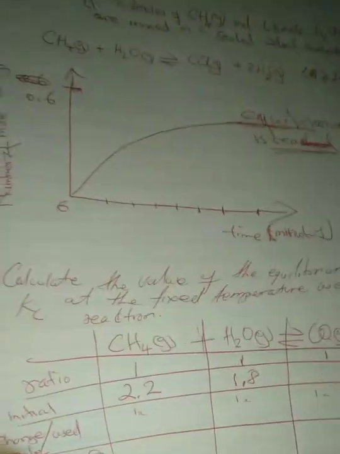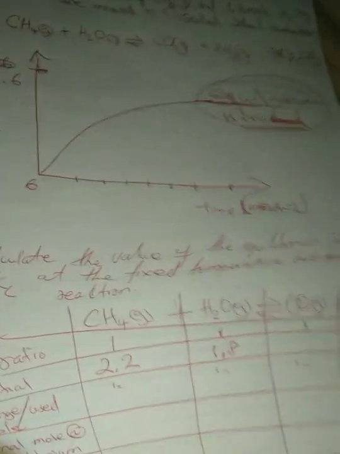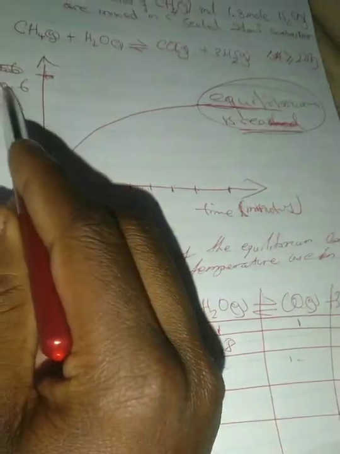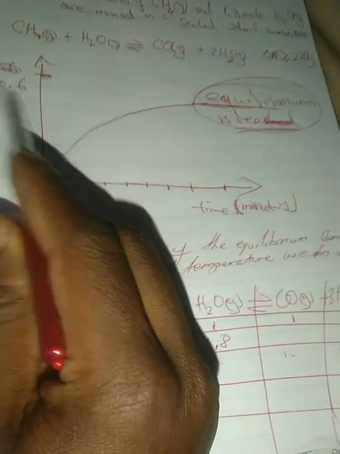Then I go to the graph, where the equilibrium is reached. Since equilibrium is reached there, I know that at equilibrium I have 0.6 of CO.